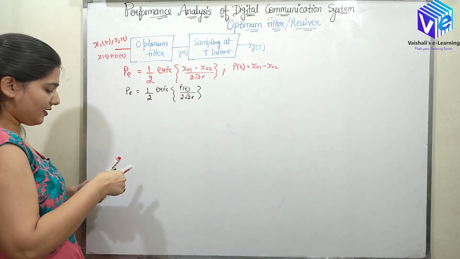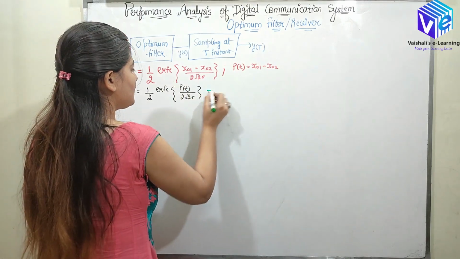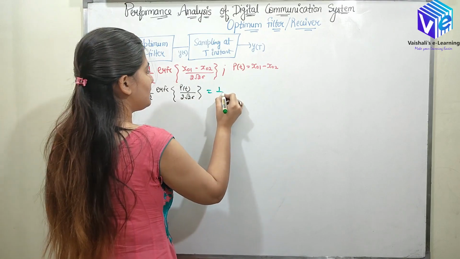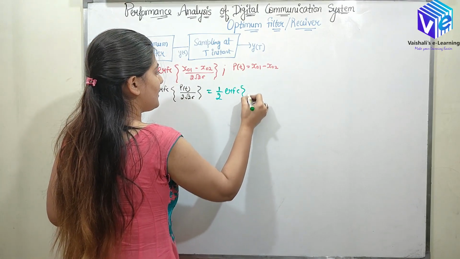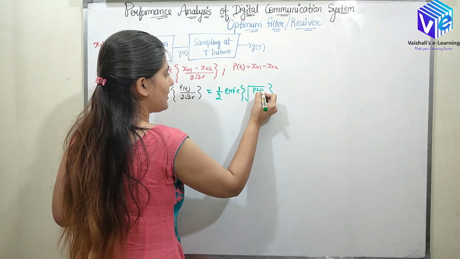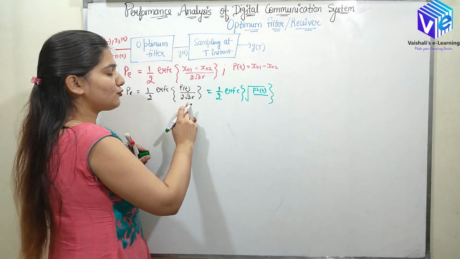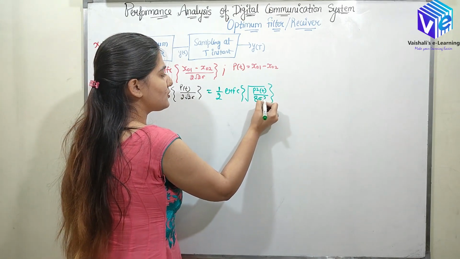Now I can denote it with the help of the square of this value, because here I have a root term. So I can denote it as 1 by 2 erf of the square root of p square t upon (2 root 2) square. 2 square would be 4 into 2, which would be 8, into sigma square.